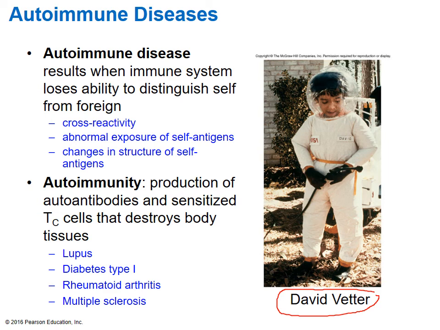If you come across the term autoimmune disease, that's usually when the immune system makes a mistake and it starts attacking your self-antigen or your own cells. And this can be due to what they call a cross-reactivity. Cross-reactivity means that you have a foreign antigen that looks very similar to your self-antigen. So your immune system makes a mistake and not only attacks the foreign cells, but it also attacks your own cells.